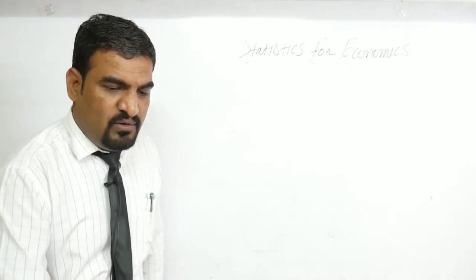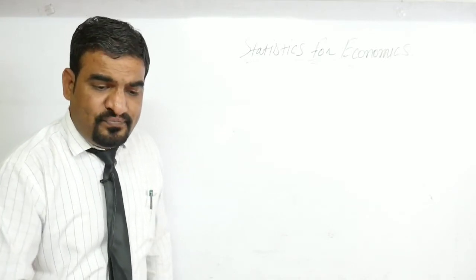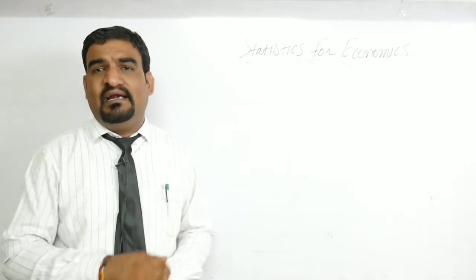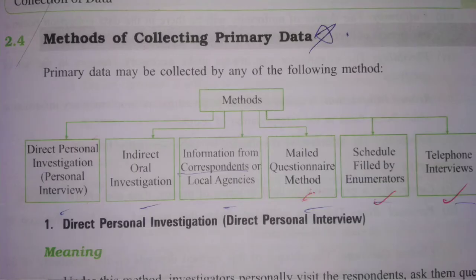The next topic is about methods of collecting primary data. How do we collect the primary data? There are several ways of collecting primary data. First one is direct investigation or a direct personal interview. It means we prepare a questionnaire and we directly visit the people and directly ask questions.